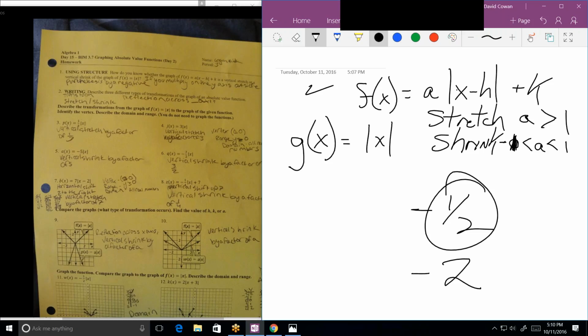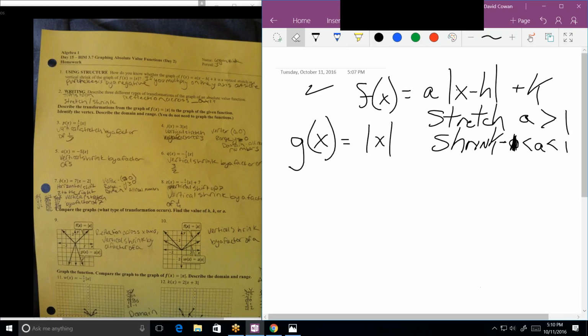In fact, I didn't actually give you the correct answer here. I'm close, but not exactly. For it to be a stretch, merely the absolute value of a has to be greater than 1.